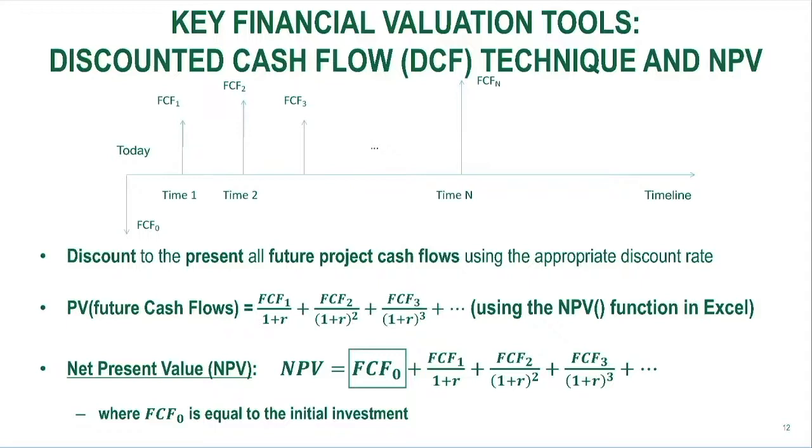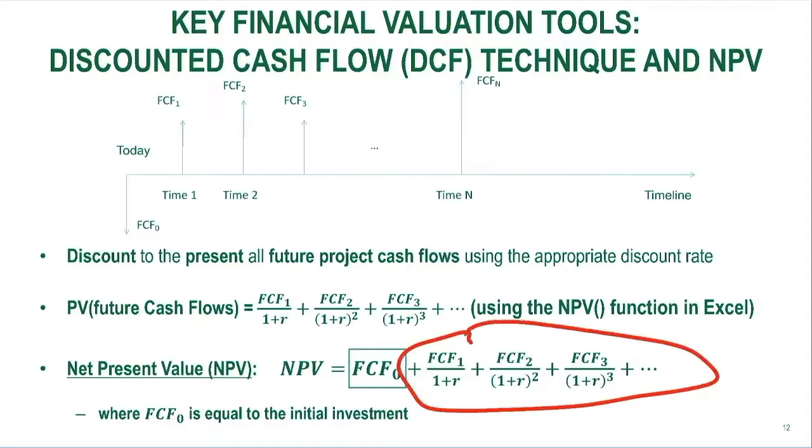And as we've noted several times before, if we do this, as we often will, using Excel's NPV or net present value tool, we have to be very careful that unfortunately Excel's net present value tool is only going to include the cash flows associated with future free cash flows, and it's going to exclude the free cash flow at time 0. So we have to make very sure that we add that cash flow in separately, which we will.